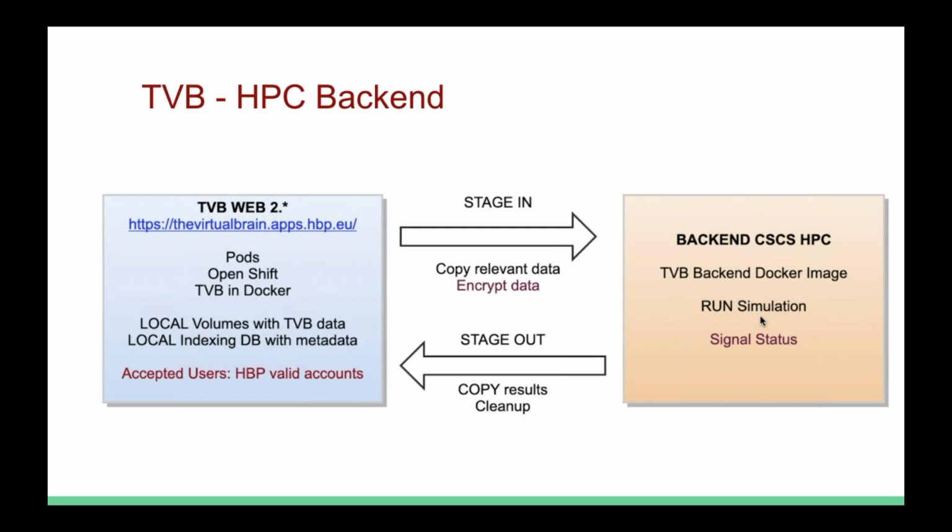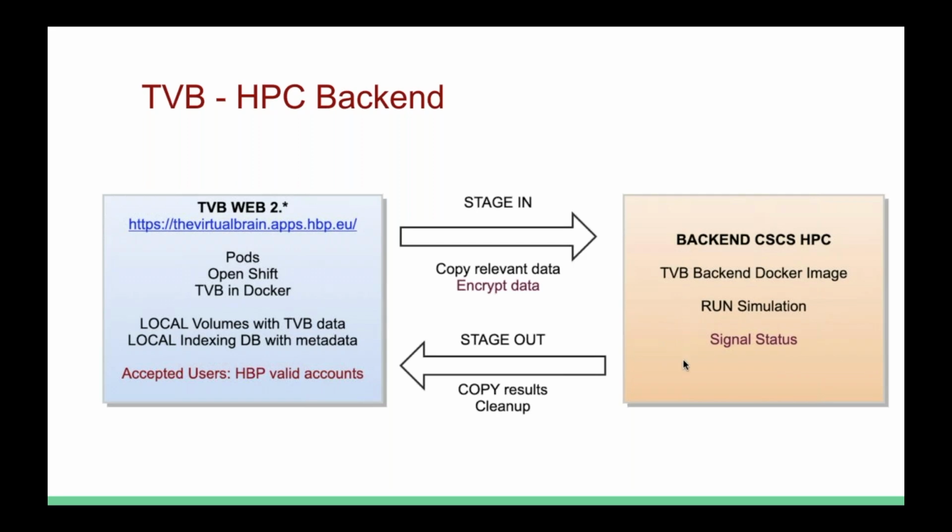When a job is finished on HPC, we have to notify TVB somehow in order for it to be able to download the results. So this would be, in short terms, the story of what we do on the CSCS side. There is a bidirectional communication between these two locations, because we need at first to upload the data to the CSCS location, and also send it the information about the job we want to schedule.